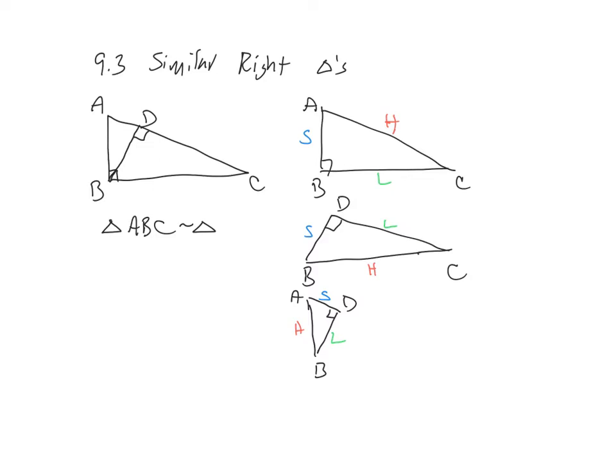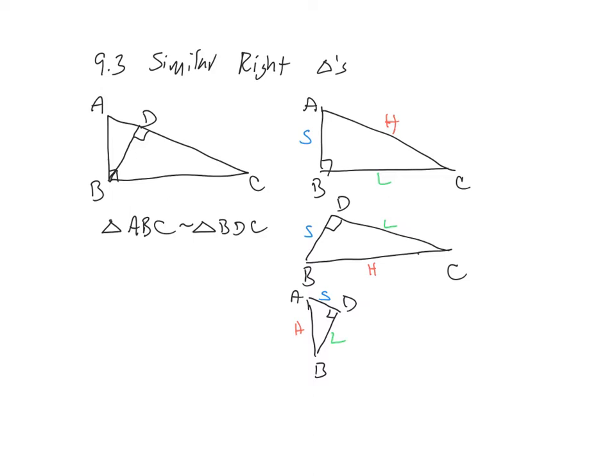AC is the hypotenuse, so over here the hypotenuse is BC, and then the D has to go in the middle. So it's BC and then D. Going down the shortest side, it goes A, B.